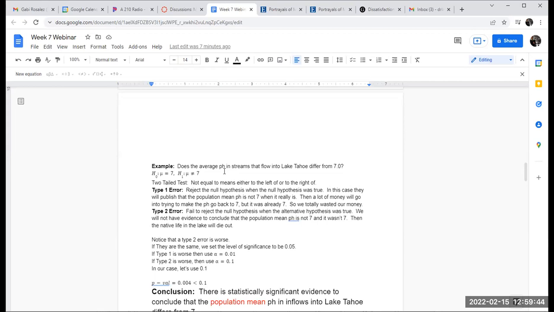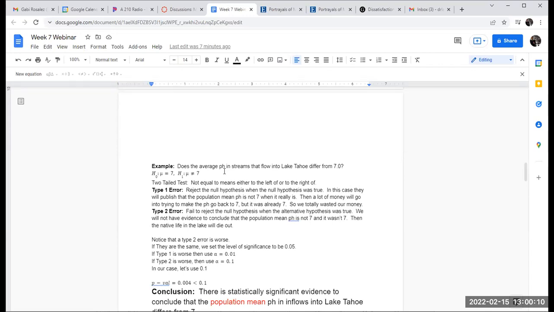So every year, they have a group of volunteers. I'm a volunteer. And they have us collect data in the streams to see if things are getting better or worse in terms of pollution and how good the quality of the water is that's flowing into Lake Tahoe.